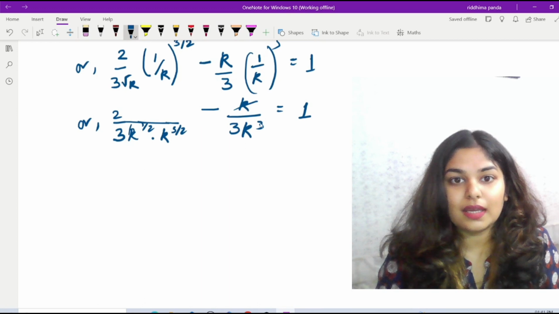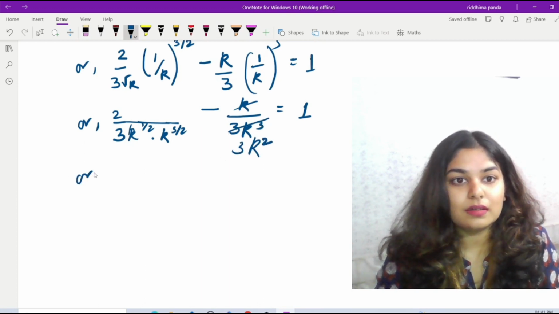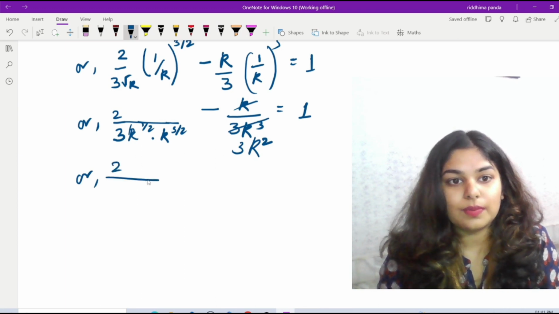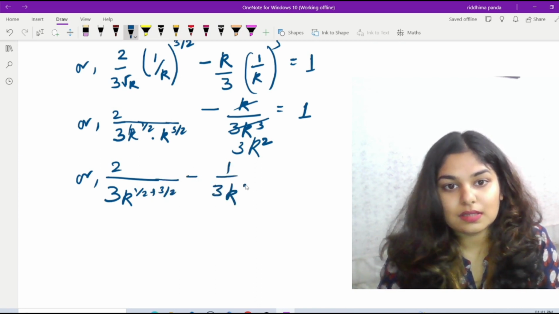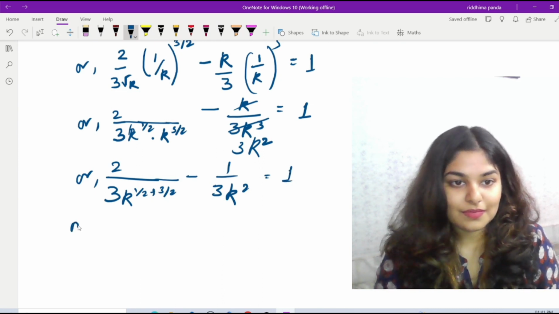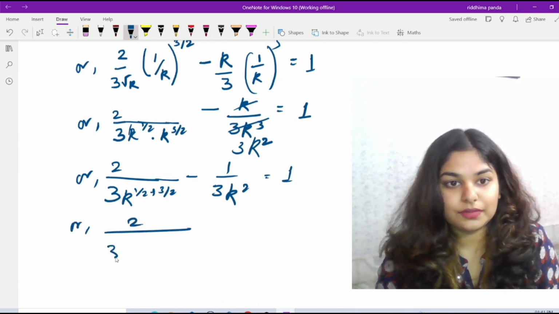The k and k³ give 3k² here, and here we have 2/3 with k to the power 1/2 plus 3/2, which is 4/2.